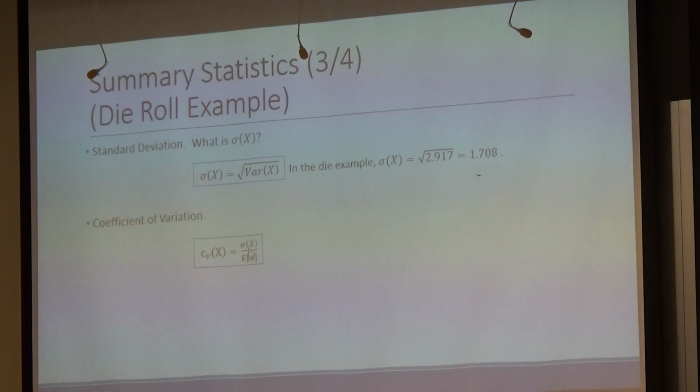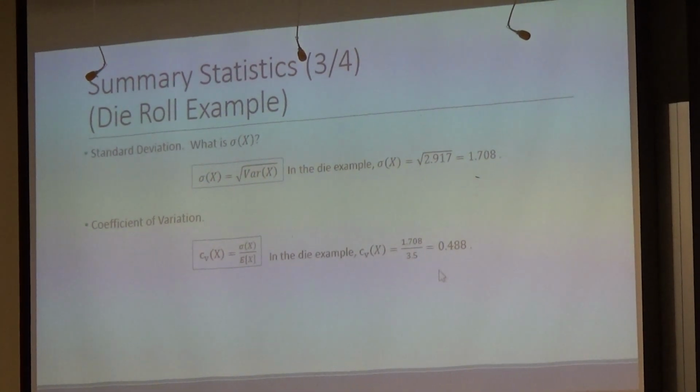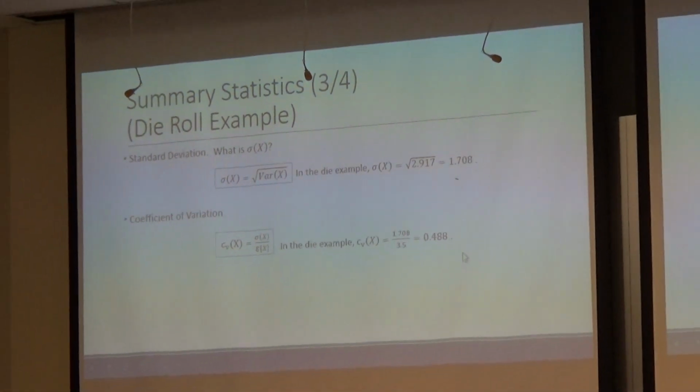So here, 1.7 would be really small if the mean of the random variable were around 100. But if the average is 3.5, maybe it's not so small. So this gives you a way to look at the variability in any random variable that's normalized across all situations. In this example, 1.7 is our standard deviation, divided by our mean. The coefficient of variation is about 0.5.